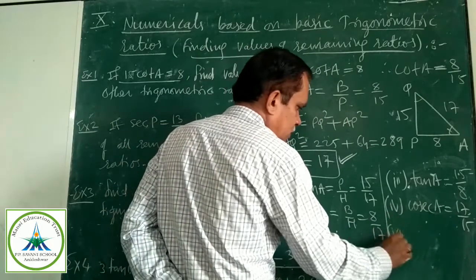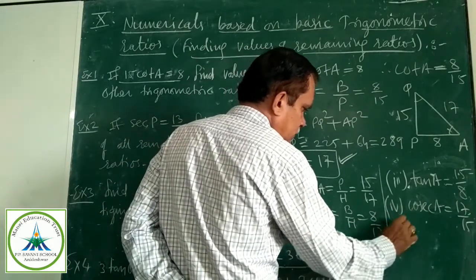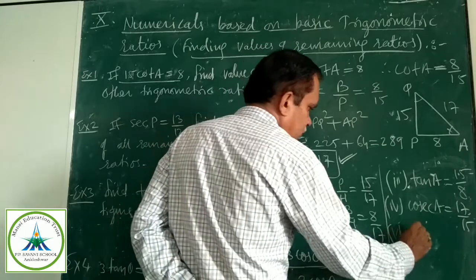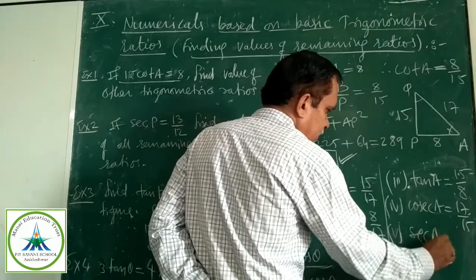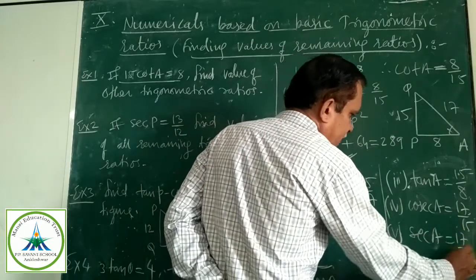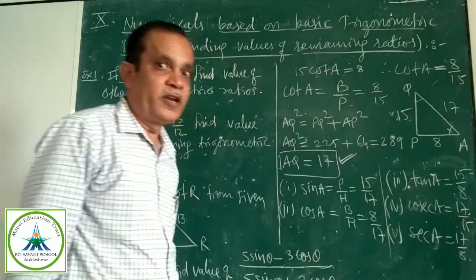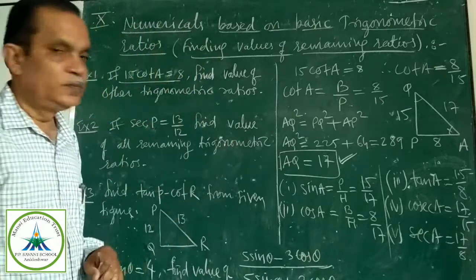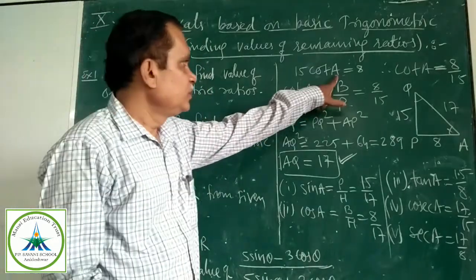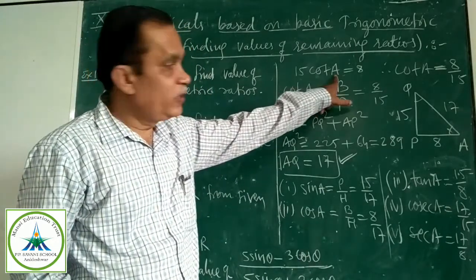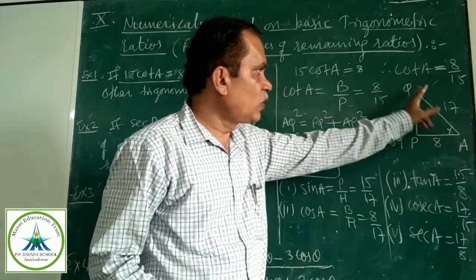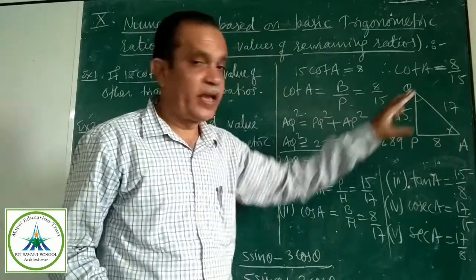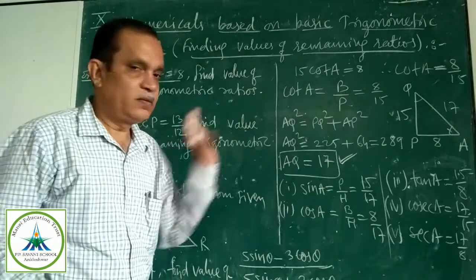Next, sec is reciprocal of cos, 17 upon 8. Got it? See students, like this. So very simple. Main part is this. You can take any name for the angles as per your choice and write.